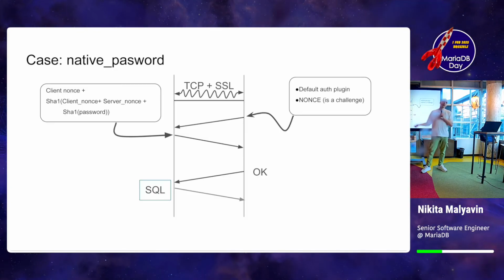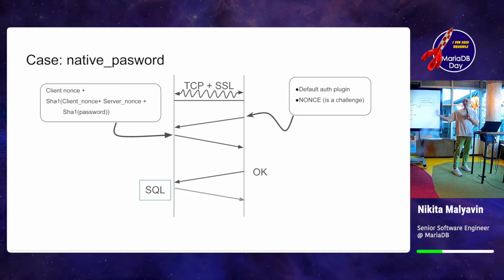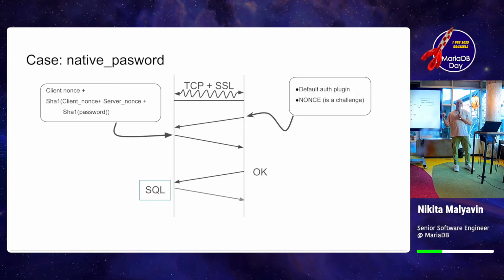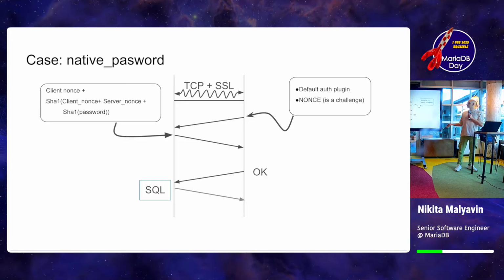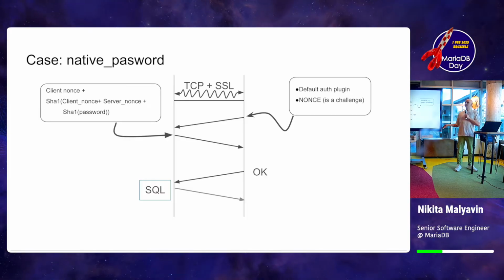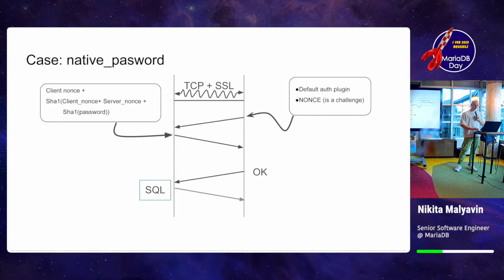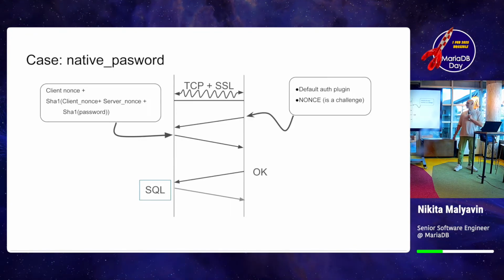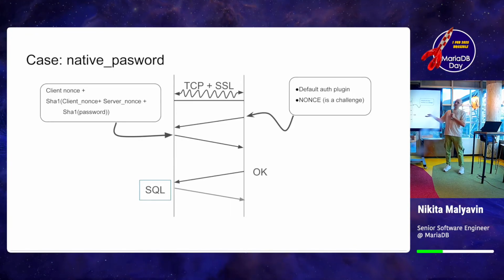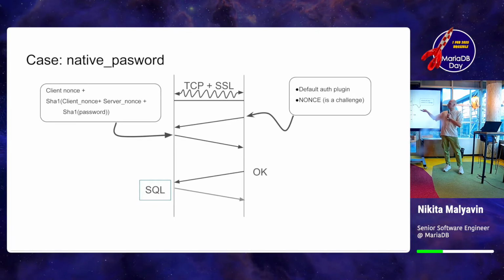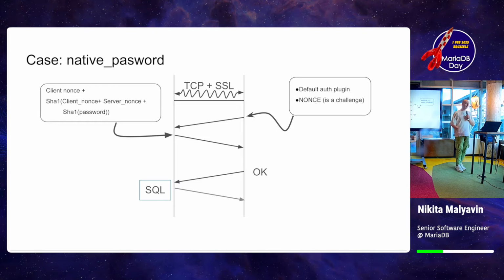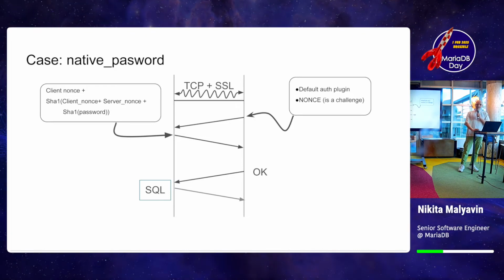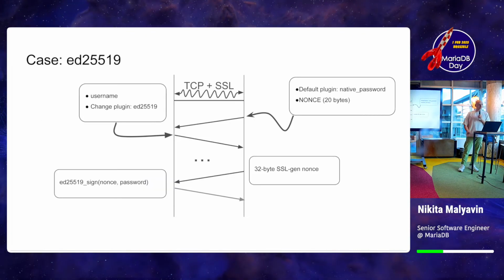They are concatenated with a hash of the password, and then another hash is taken, and this is what is sent over the network. A good approach, well, at least it protects from man in the middle quite well. And finally, after that, the server can send OK if the hash matches the expectation of the server. And then what we like is finally SQL begins, sent by the client.